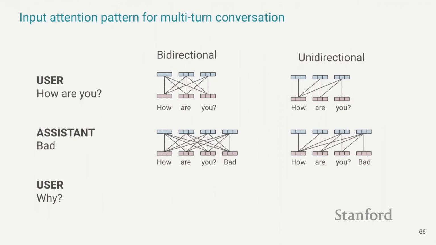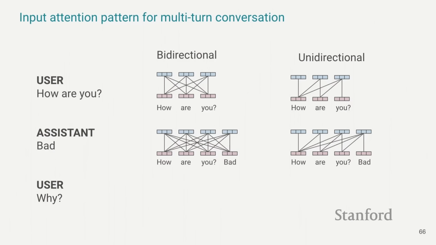In contrast, if we do the unidirectional one, we can do much better, because when generating "why," we don't have to redo "how," since we cannot attend to the future tokens. This part can be cached, and only this part has to be encoded again. This makes a big difference when we think about multiple turns going in.